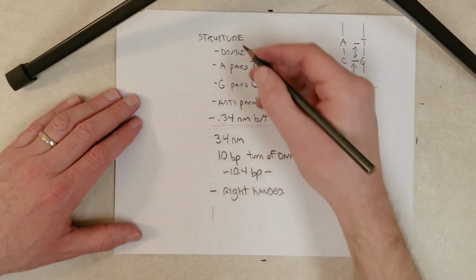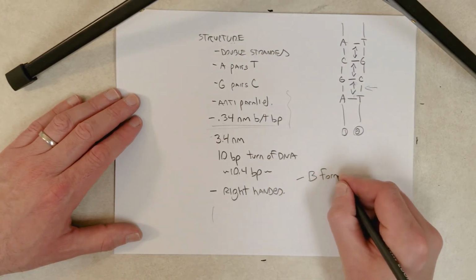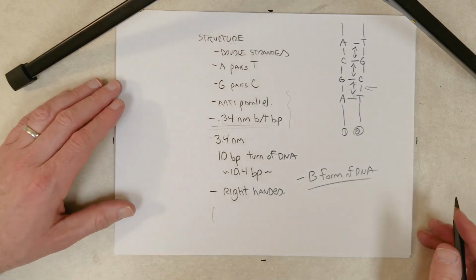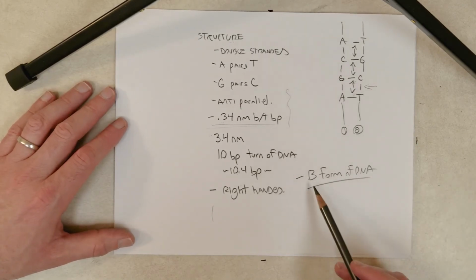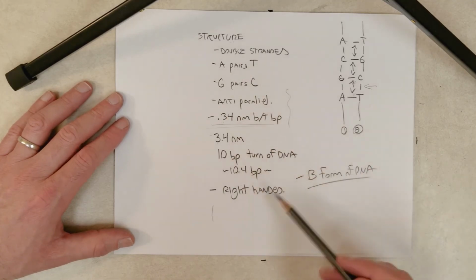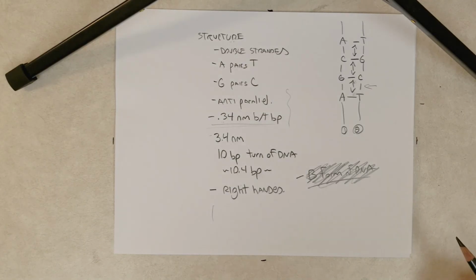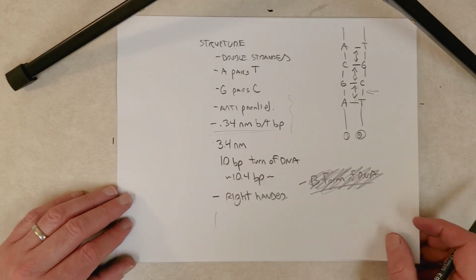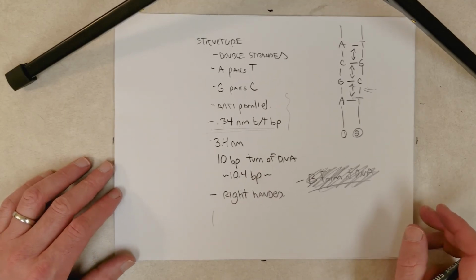The form of DNA, this structure right here, refers to the B form of DNA. There are some other forms of DNA that you can get under high salt and other conditions that we won't really talk about. So the B form of DNA is essentially what we're covering. And that's just some extra information if you're curious. So that's it for the structure of DNA. We're going to talk more about hydrogen bonding, those hydrogen bonds that hold the two strands together, in the next video.